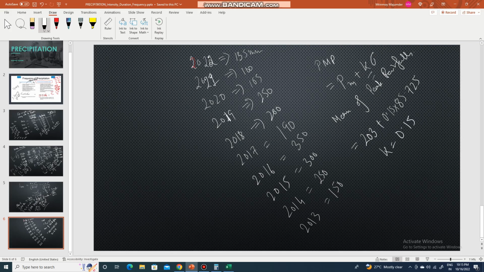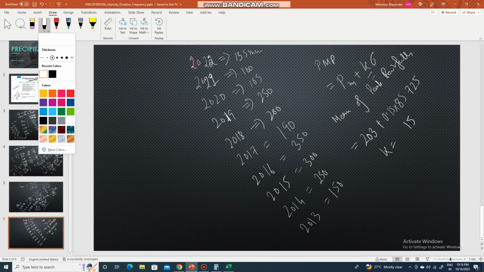Generally K is around 15, so it cannot be 0.15. So let us take K as 15. Okay, so the equation is becoming like this.